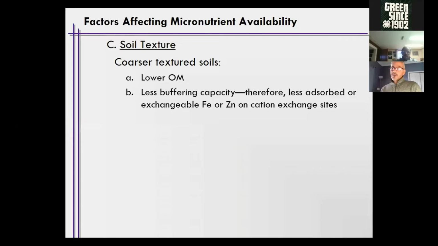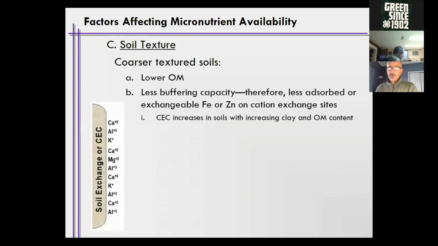It says, therefore, less adsorbed or exchangeable iron or zinc on cation exchange sites. And here's a kind of a terrible example, because this example doesn't show you iron or zinc on the exchange sites of this clay particle. But the concept is pretty simple. And hopefully all of you understand this concept in soils. The more clay content that you have, the greater cation exchange capacity you have.